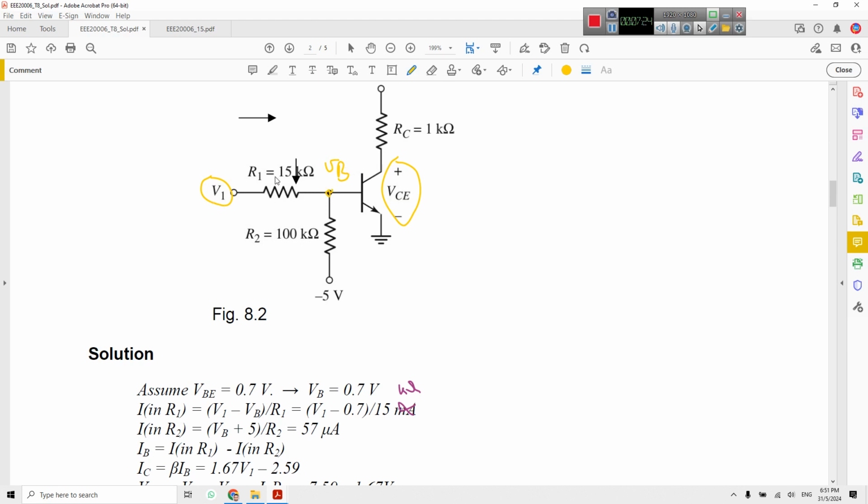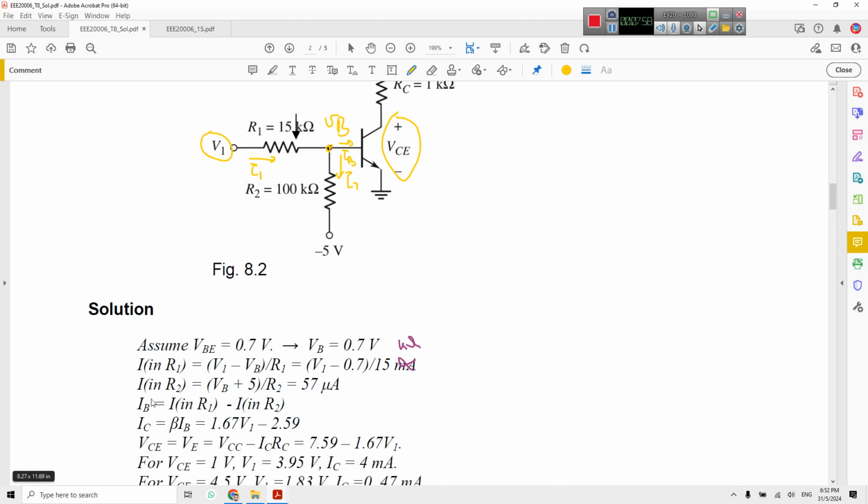So V1 minus VB over R1 is equal to this current, we call it I1, and this is I2, VB minus negative 5, which is VB plus 5, over R2, gives us a current. So the current IB, which is here, is equal to I1 minus I2.